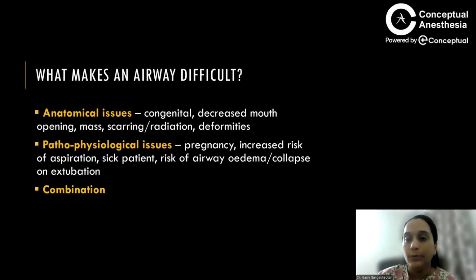So, when we look at an airway, we have to understand what makes this airway difficult. First and foremost, it could be a congenital or anatomical issue. It could be a pathophysiological issue, or it could be a combination. When I say anatomical issue, what do I mean? It could be some congenital problems. There could be a decreased mouth opening.